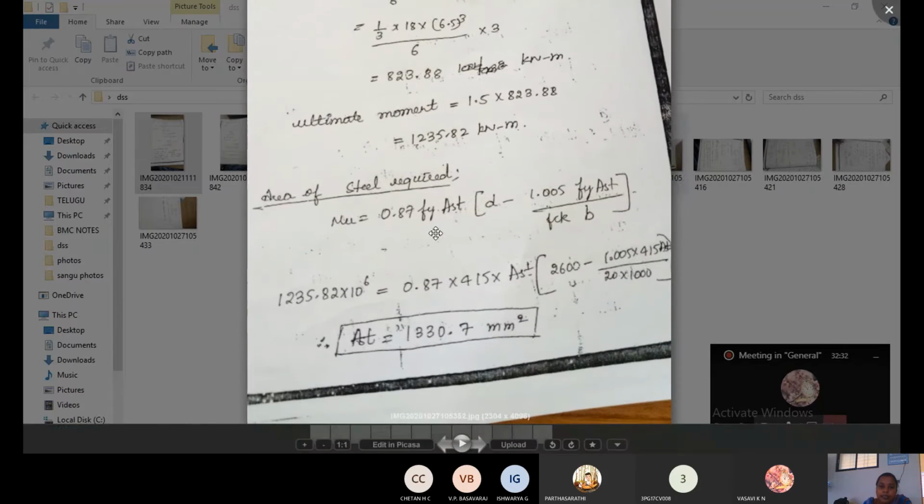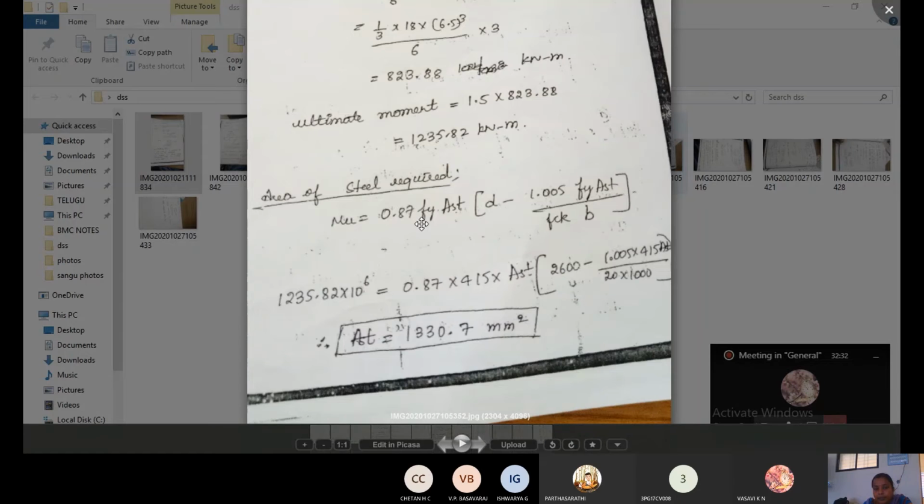In the next step, we have to calculate area of steel required. It is given by the formula Mu is equal to 0.87 Fy Ast d minus 1.005 Fy Ast by fck into b. So Mu is 1235.82 into 10 power 6. How did we get this 10 power 6, students? Kilonewton is converted to Newton, into 10 power 3. Meter is converted into mm, again 10 power 3, total 10 power 6.